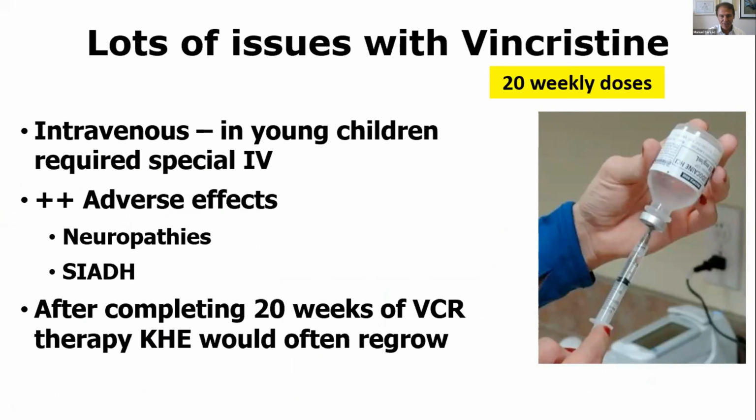And it had a lot of adverse effects, things like neuropathies and a syndrome called SIADH, or syndrome of inappropriate antidiuretic hormone. And unfortunately, even after 20 weeks of doing this, the lesions, the Kaposiform hemangioendotheliomas, would respond, but then they would start to regrow after those 20 weeks, and I would have to do it again. So it was very problematic.